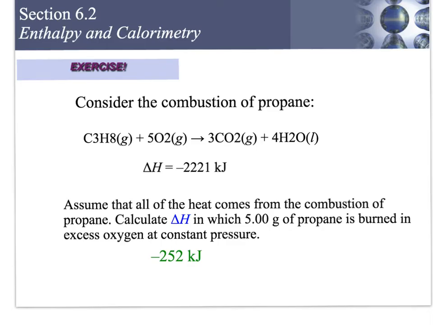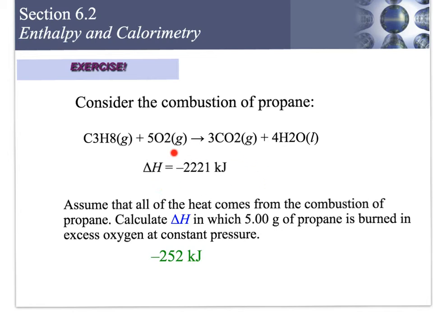Okay, so we're going to use stoichiometry and enthalpy to answer this question. It says, consider the combustion of propane, and here we have propane, C3H8, plus 5 O2 molecules makes 3 molecules of carbon dioxide and 4 molecules of water, or moles.